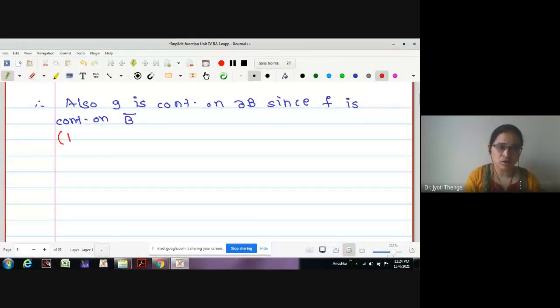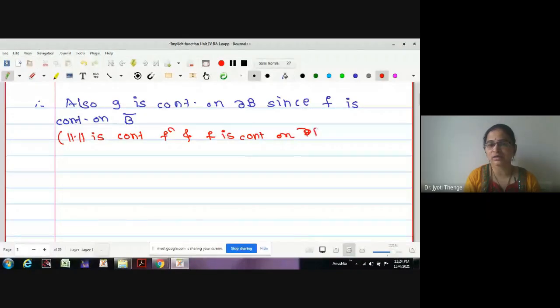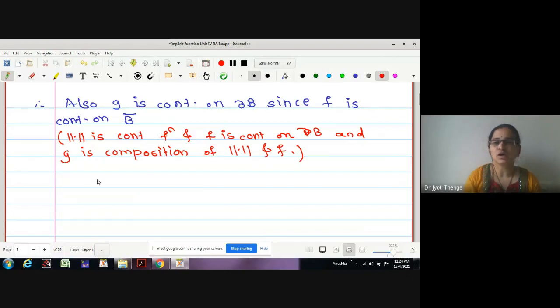Here I will write: norm is a continuous function and f is a continuous function on dou B, and g is the composition of norm and f. The composition of two continuous functions is a continuous function. Next point, I will use that this dou B we have considered is a compact space. Now what is compact?